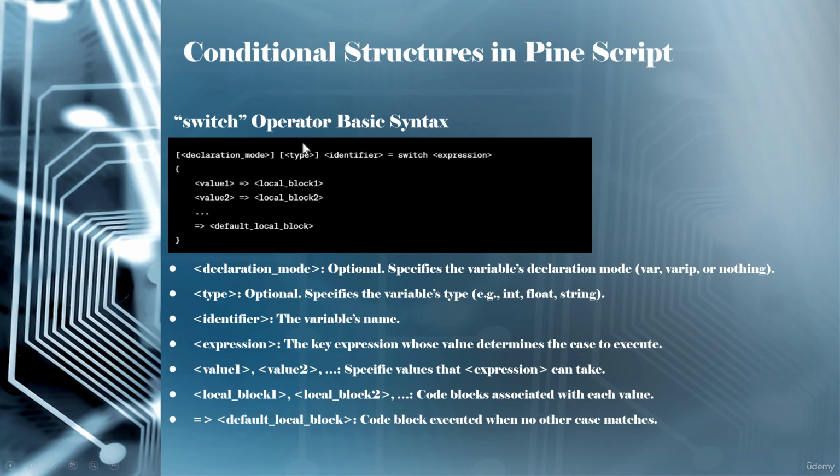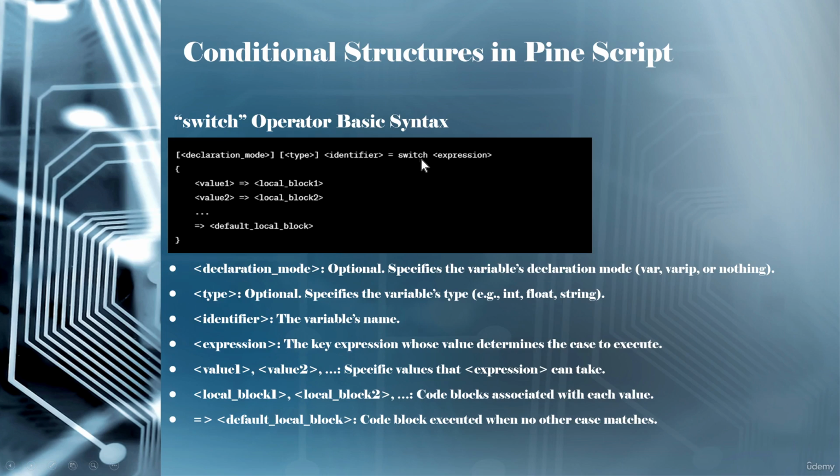Now, let's review how this works. In this syntax, declaration mode is optional. It specifies the variable's declaration mode. It could be var, varip, or nothing. Type is optional and specifies the variable's type, for example int, float, string. Next, identifier is the variable's name.